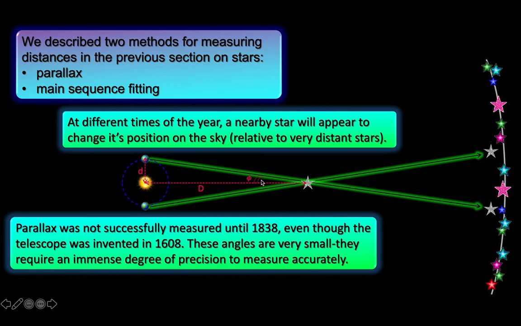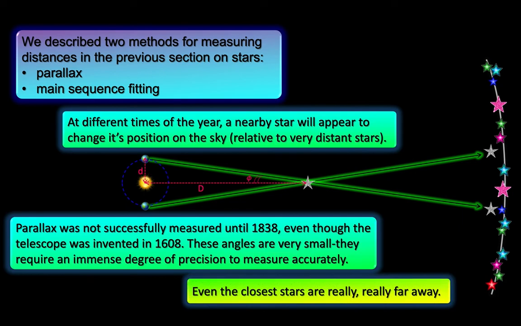Even though the stars technically shift across the sky as the Earth moves around the sun, this angle is so small that we just didn't have the precision and the quality of optics in a telescope necessary to ever measure this parallax until the first half of the 19th century. So even the closest stars are really, really far away.